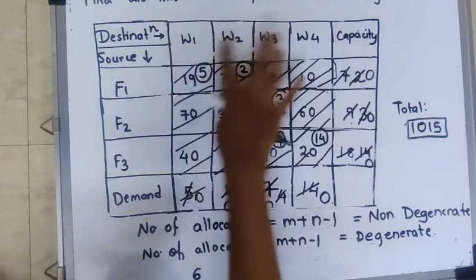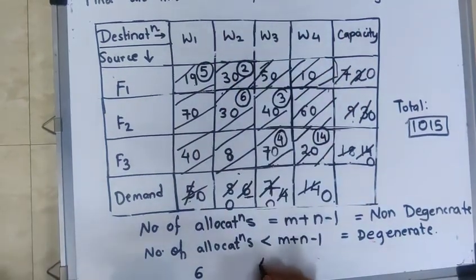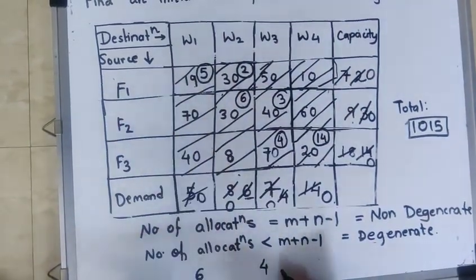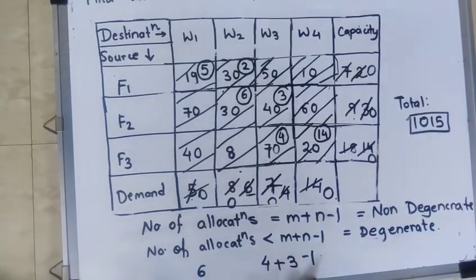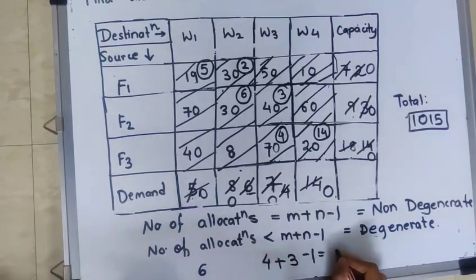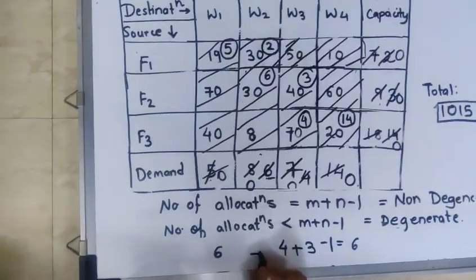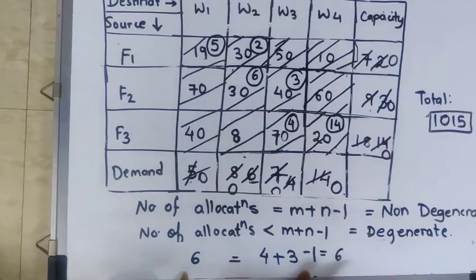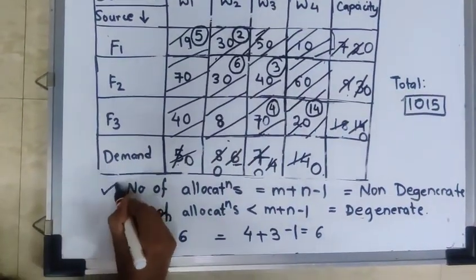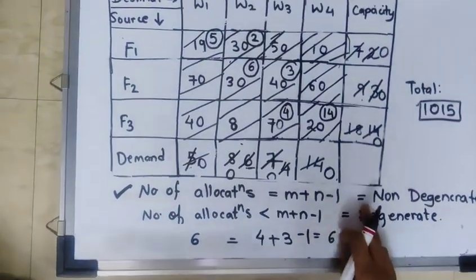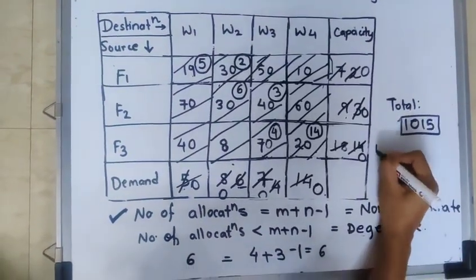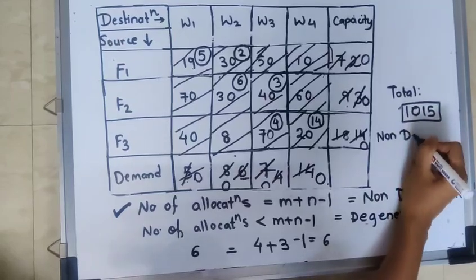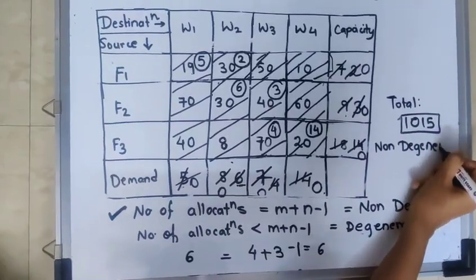We have 4 destinations and 3 sources, so 4 plus 3 minus 1 is equal to 6. As the number of allocations is equal to m plus n minus 1, for this sum we have a non-degenerate solution. The total cost is 1015 and it is a non-degenerate solution.